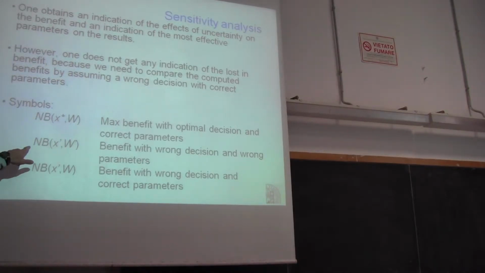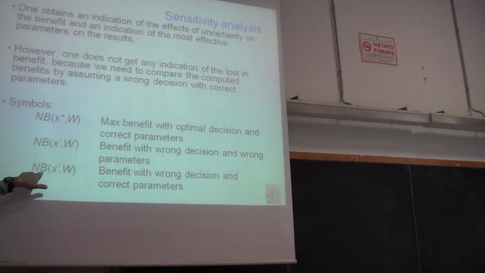You see that here the benefit is affected by the two errors that I mentioned before. Allocation with the prime, which means wrong allocation. Parameters with the prime, which means wrong parameters. Now, once that we computed this benefit for wrong allocation and wrong parameters, we can also compute the benefit by eliminating the error on the parameters.